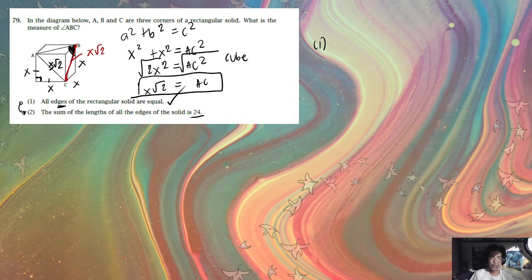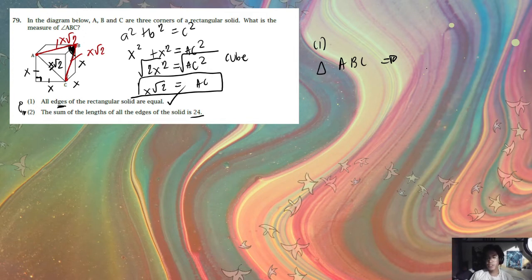We can also conclude that AB here is also x square root of 2. Now, if all of the side measurements of triangle ABC are x square root of 2, what type of triangle is ABC? Is it a scalene triangle, an obtuse triangle, an equiangular triangle, an equilateral triangle?